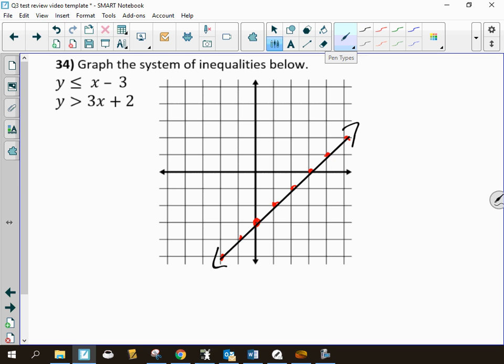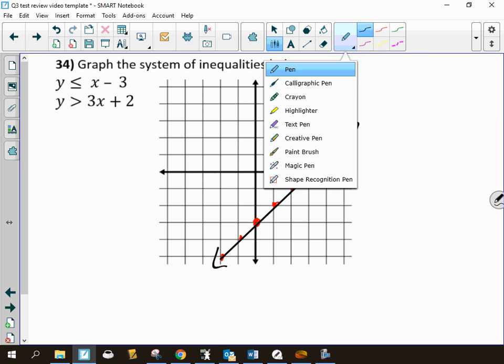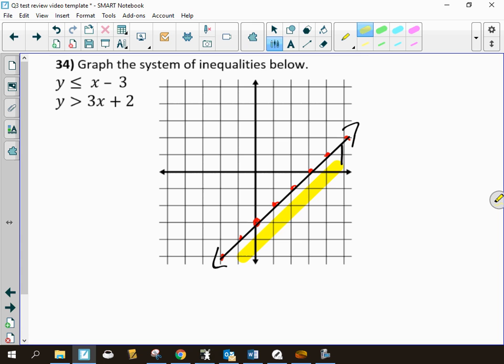And from that solid line, we would be shading down because y is smaller. So we will shade down from the line. So we would shade all of this. Actually, let me see if I can get a little bit fancy with that on the smartboard. So we would shade all of this.